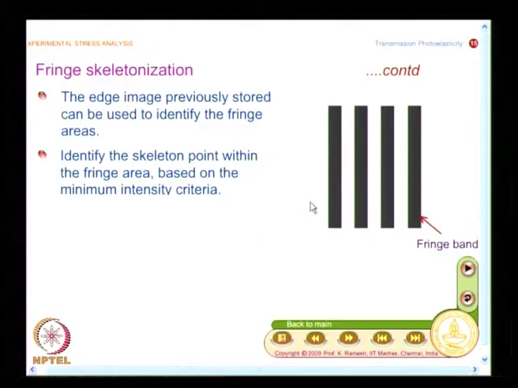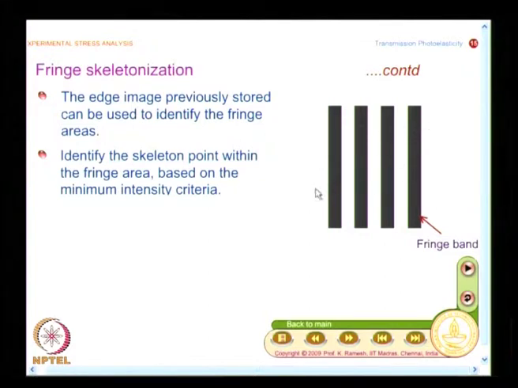Now, I have a very simple fringe band, and when I have this as vertical, you can think of a beam under bending kept in a vertical direction. Instead of horizontal fringes, because I kept the beam vertical, I will have vertical fringes, and the fringe areas are easily identified. And if we want to pick out the minimum intensity point, it is enough if I scan it horizontally.